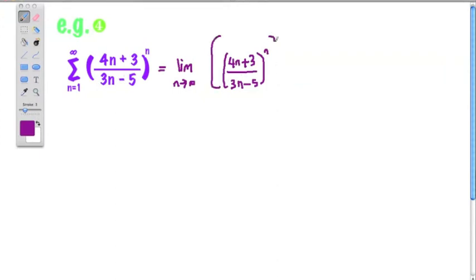Don't forget to make it to the root of n, but we just change it to the 1 over n. And then we solve this.